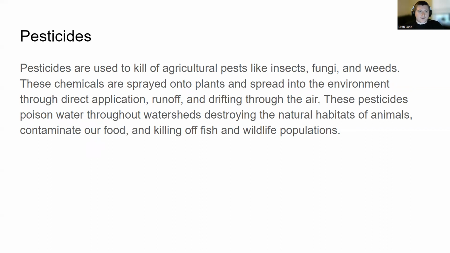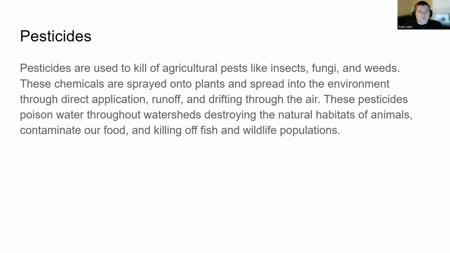Direct applications, so basically when they apply it to the plants, it gets into the environment that way. Agricultural runoff, so when it gets into the soil, the soil gets carried away. That is a way that it gets into the environment. And when they spray this stuff, obviously, if there's any form of wind or it gets caught in the air, it can drift through the air for long distances away from fields.